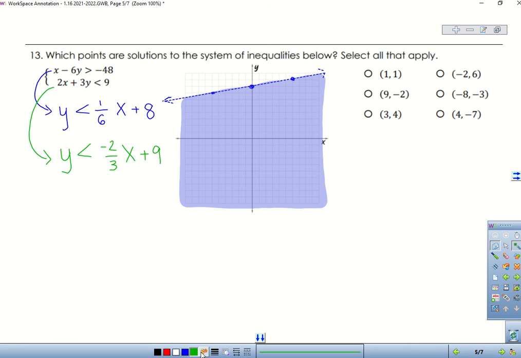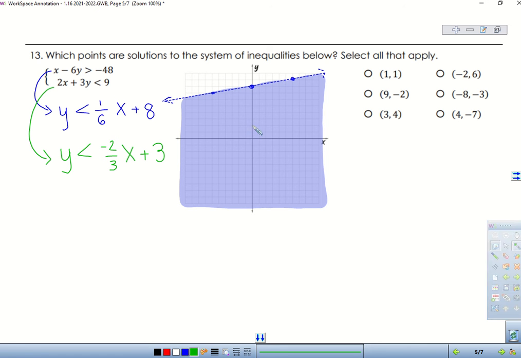And then we're going to do the same procedure for the one in the green. We start at 9 on my y-axis. Oh wait, it's not 9, it's 3. That makes more sense. When you divide it, it becomes a 3.